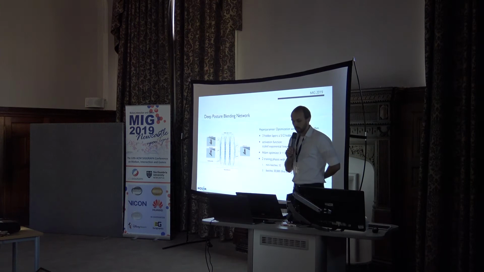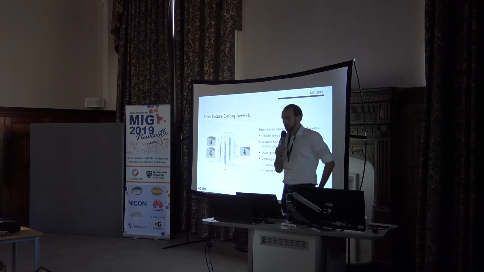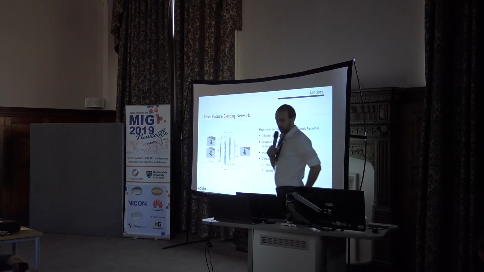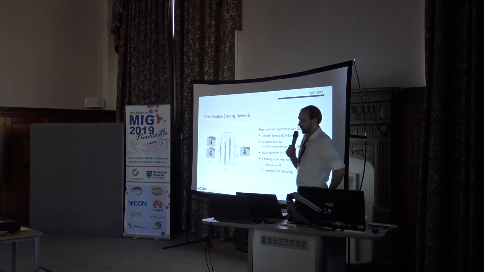And we did this by constructing a fully connected neural network, which takes in the start posture and the end posture and a blending weight, and should produce a natural in-between frame at this specific blending weight. We used a genetic algorithm to define the hyperparameters of the network, and this genetic algorithm told us that 3 hidden layers, 512 hidden units would be best, using scaled exponential linear units as the activation function, and an optimizer.